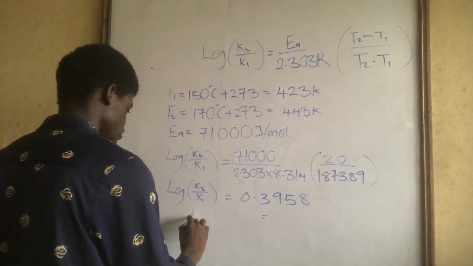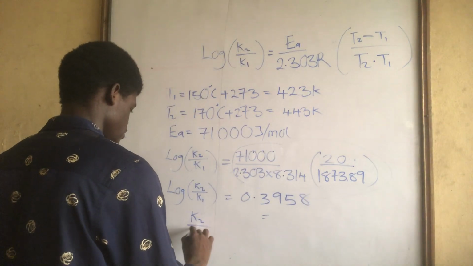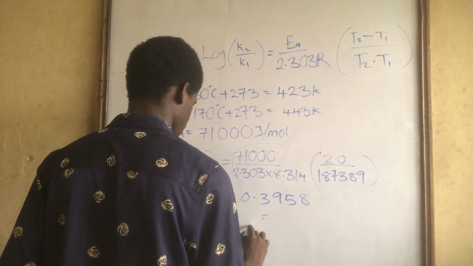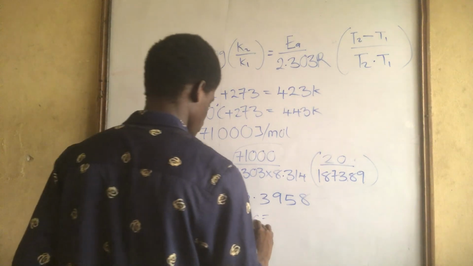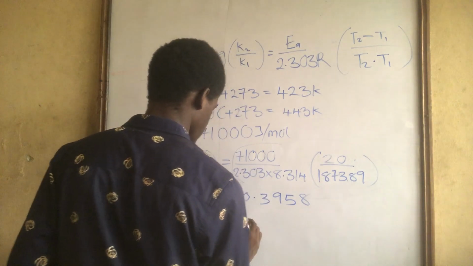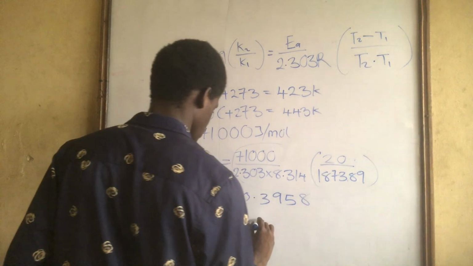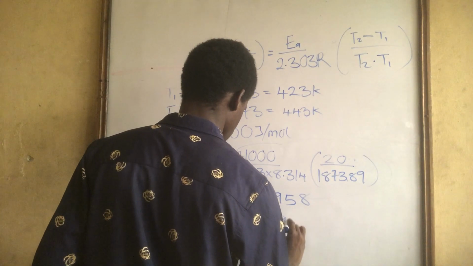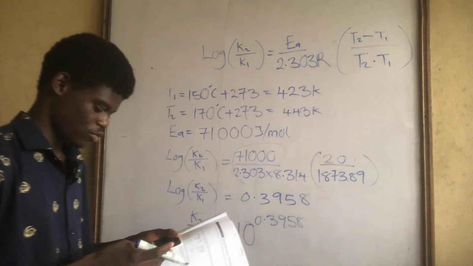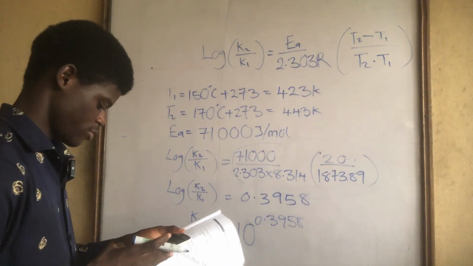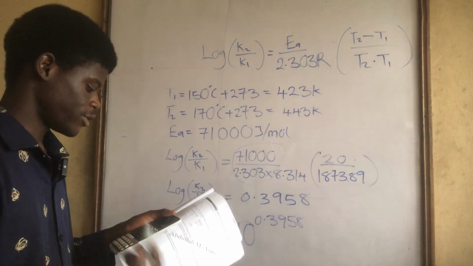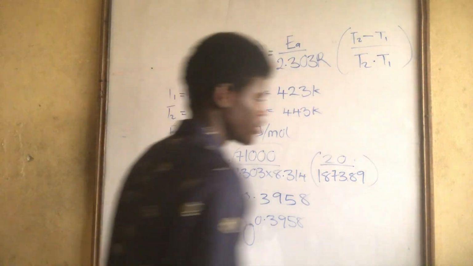So I'm just going to take the inverse of log of this, as 10 to the power 0.3958. That will give us 2.5.